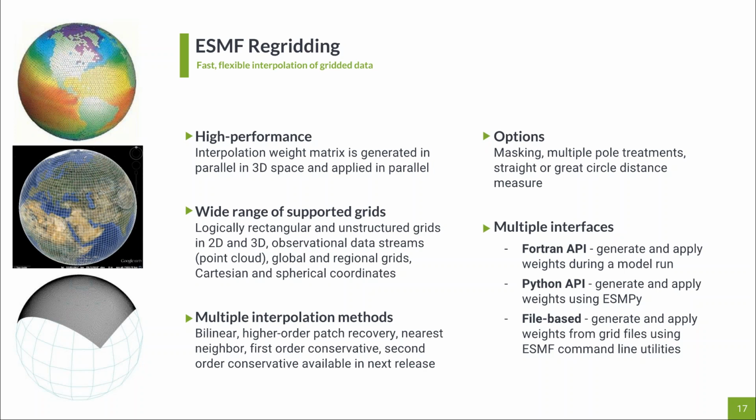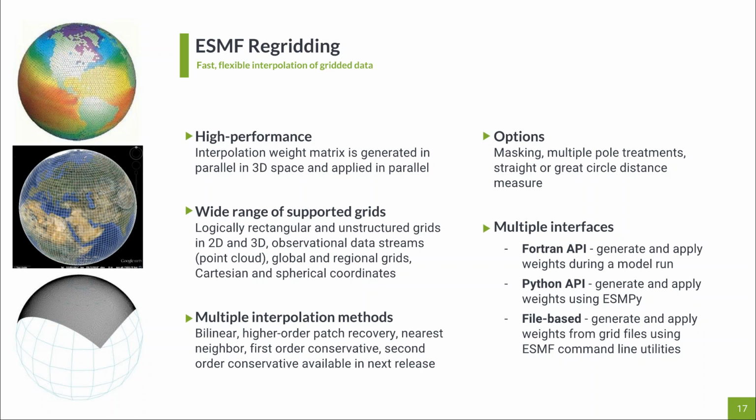There are a lot of other options as well. I don't have them all listed, but one really important one is masking. If you provide ESMF with a land-sea mask on one or both of the grids that you want to transfer between, ESMF will respect the mask and not use points that you've masked out in the calculation of the interpolation weights.